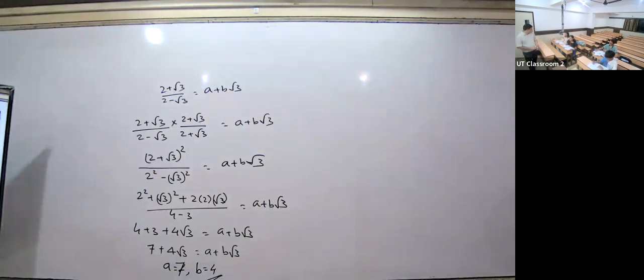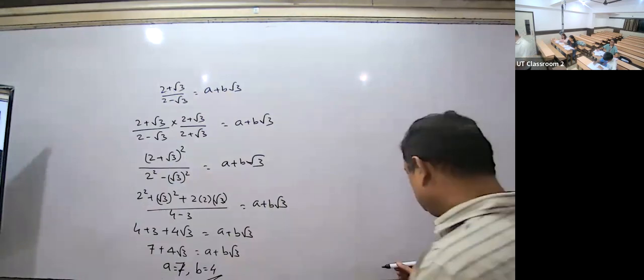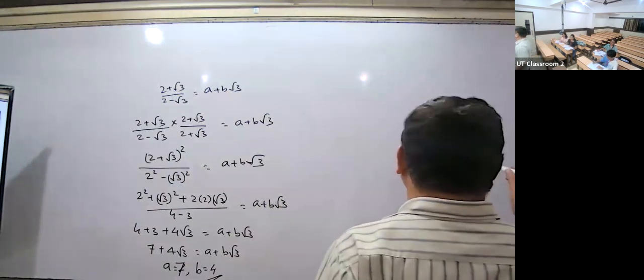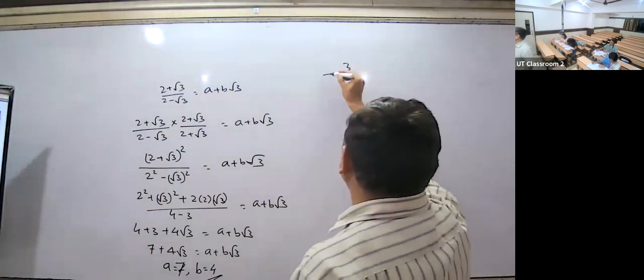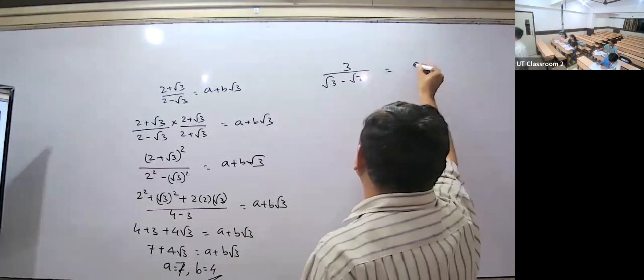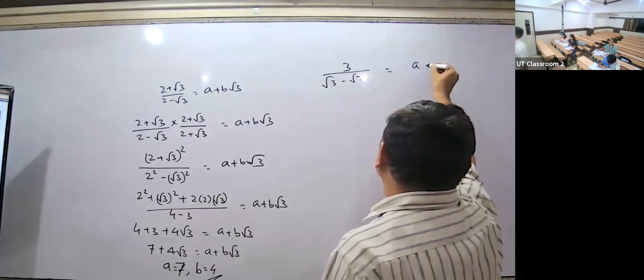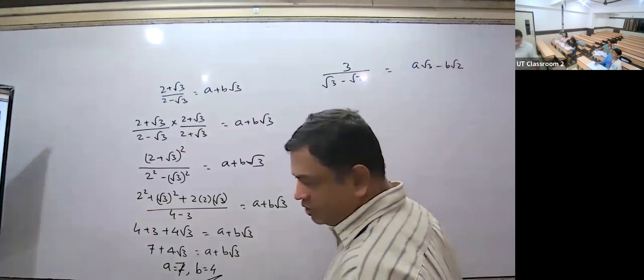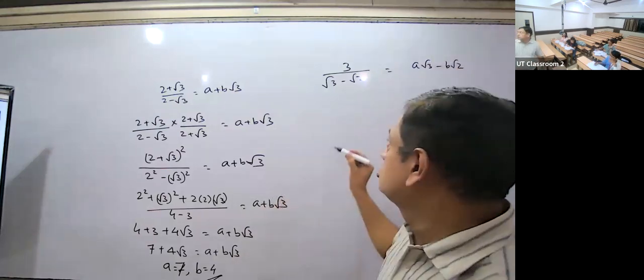The next one. 3 upon root 3 minus root 2 is equal to A plus B root 2. Be careful, plus minus and all, okay? So this also rationalize.